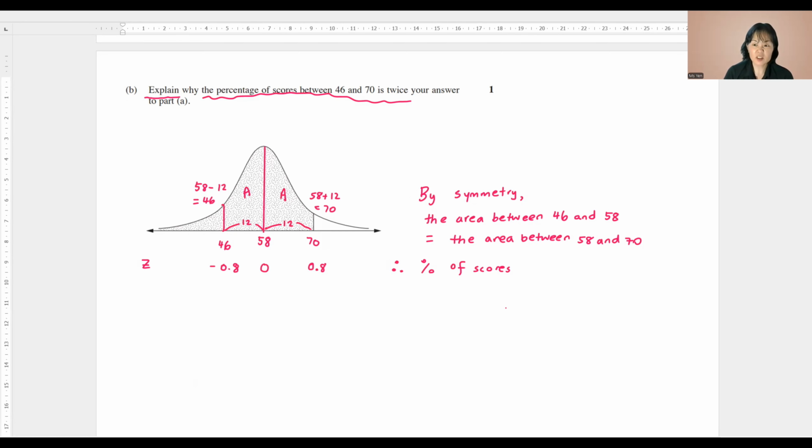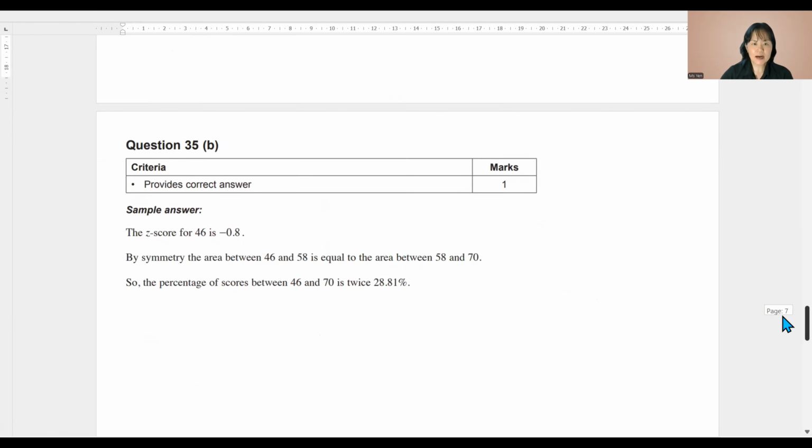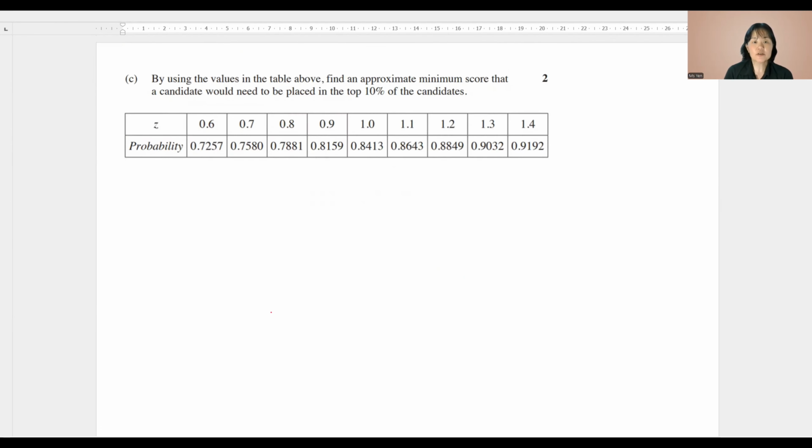Copy that down because that means you're answering the question. Between 46 and 70 is twice 28.81%.